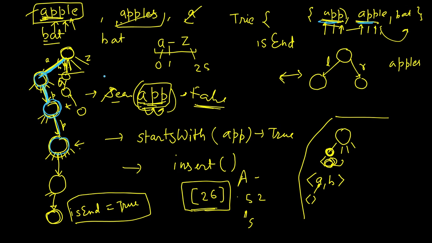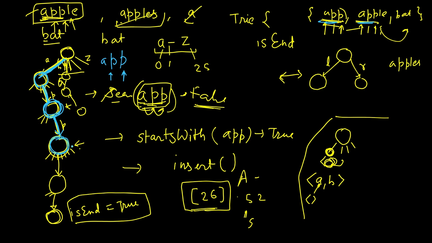And here, what will be the order of search? We just do one pass of this word. Let's say I'm searching for APP. So I will take the branch corresponding to A. Then we will look at the next character, which is P. So I will next take the branch corresponding to P. Next is again P, so we again take the branch corresponding to P and we come here.